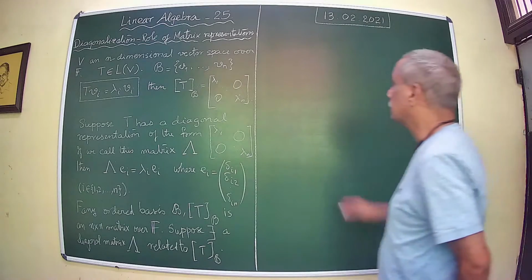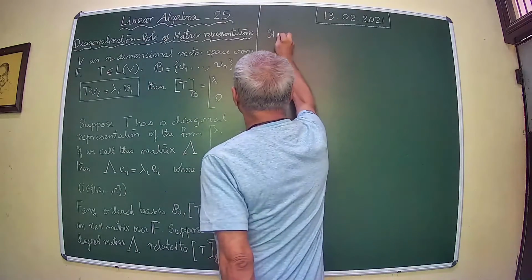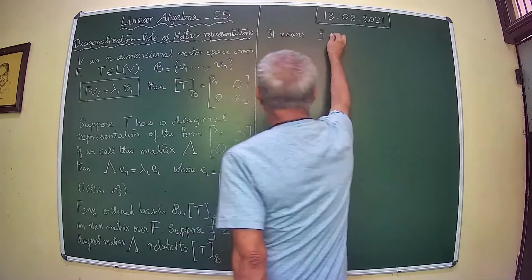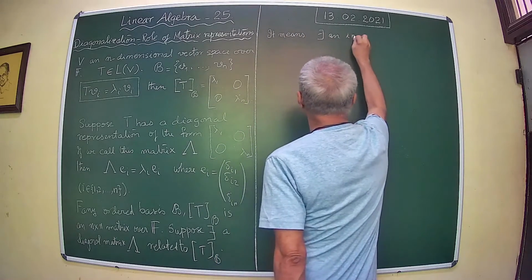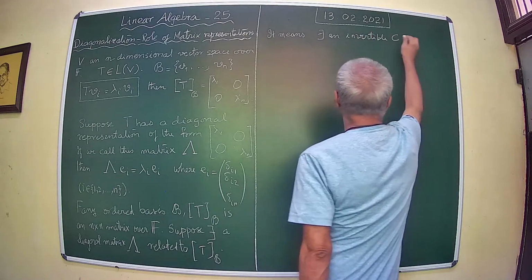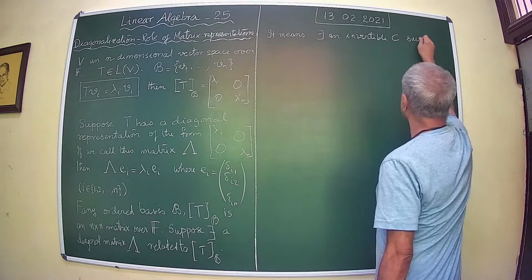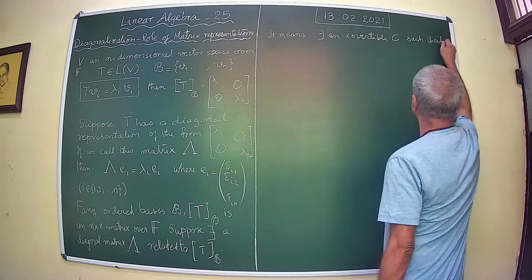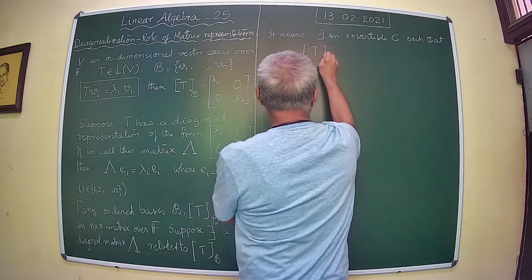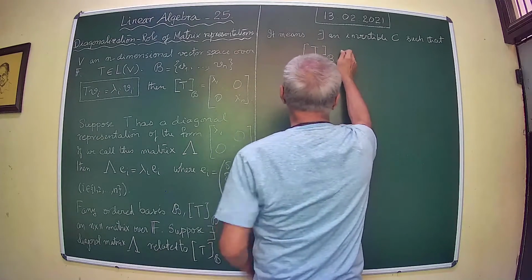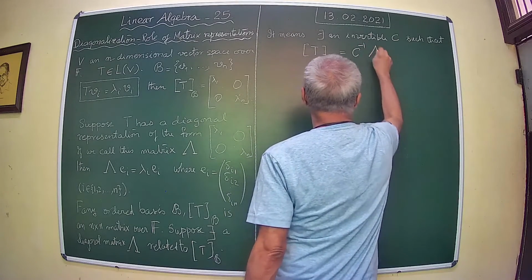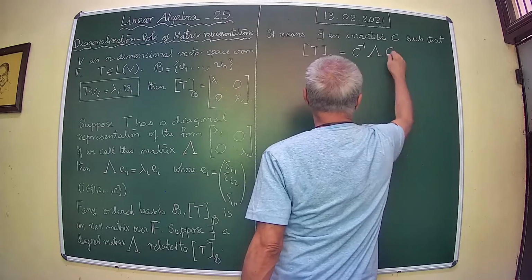It means there exists an invertible C such that C inverse T_B C equals lambda.